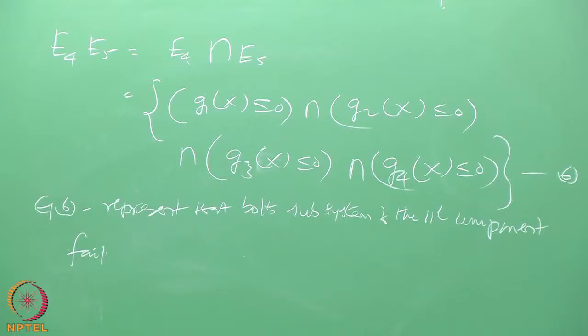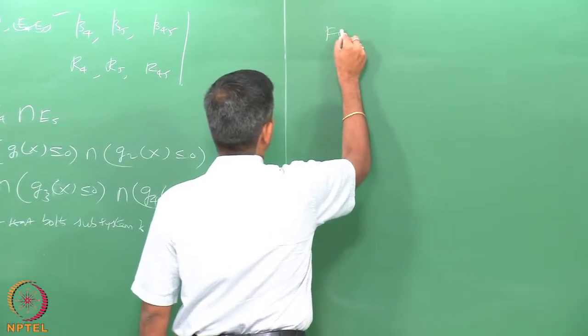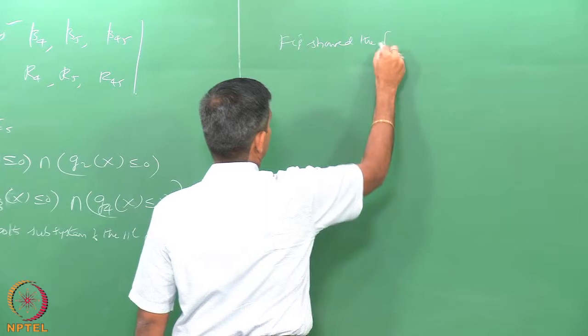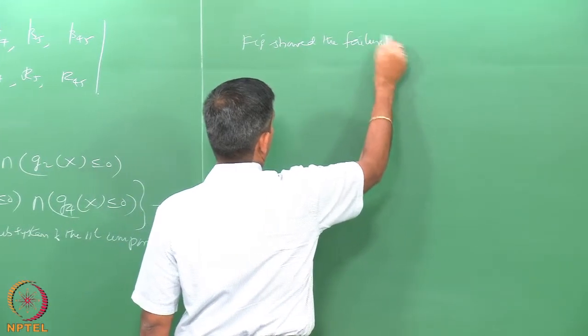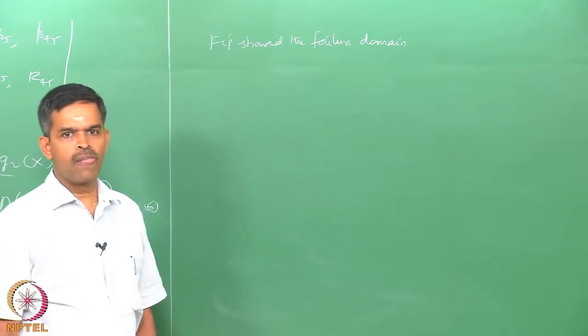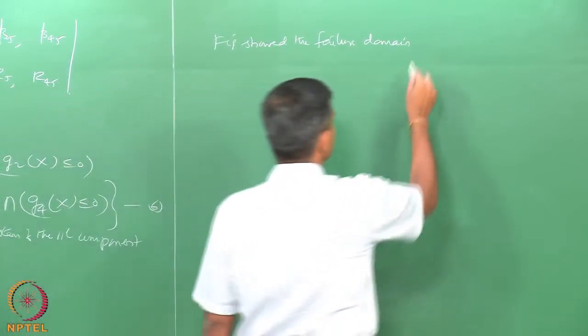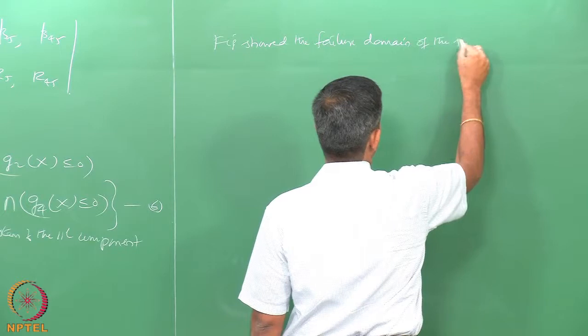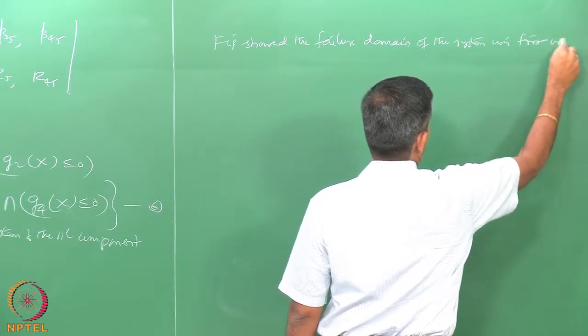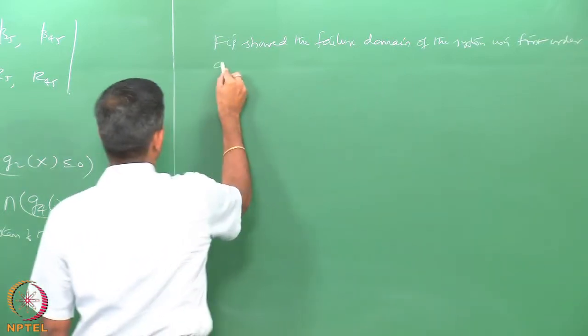Okay. So, the figure showed the failure domain of the system using first order approximation.